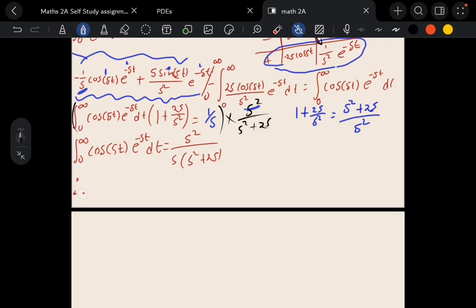So therefore, the integral from 0 to infinity of cos 5t e to the power negative st dt is just s over (s squared plus 25).